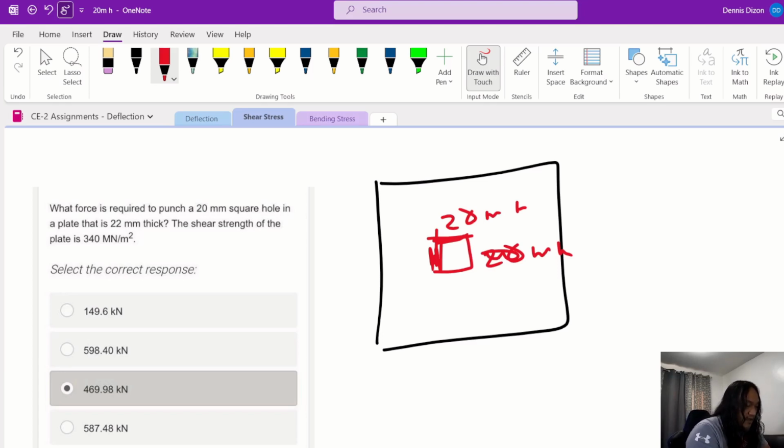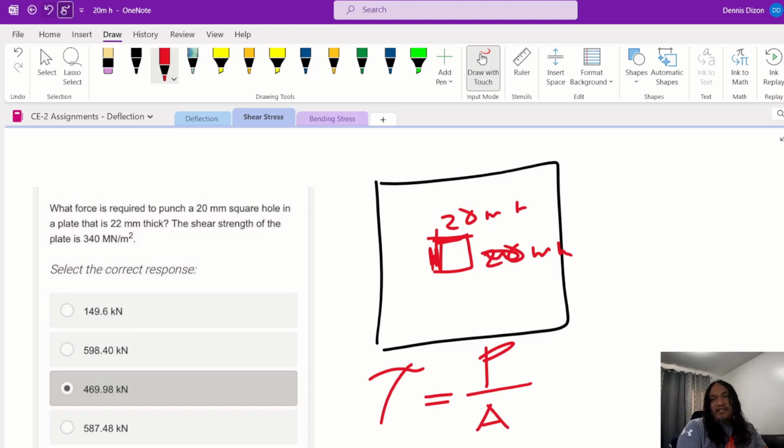So our equation, in theory of structures or shear strength of material, the notation is tau. The shear stress is equal to P over area.